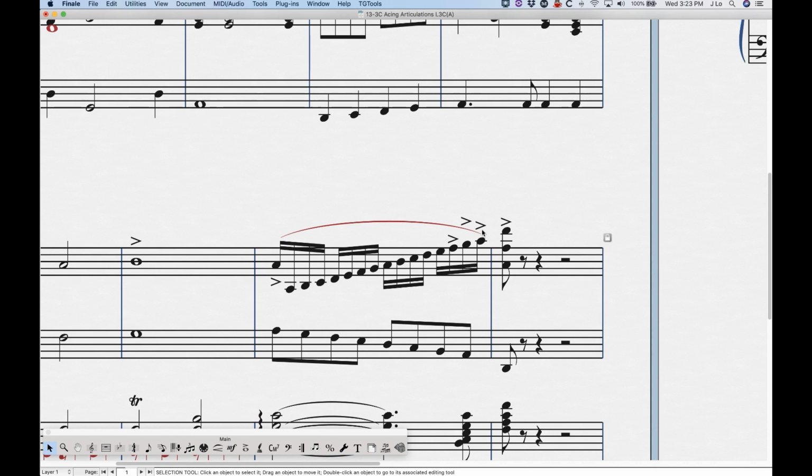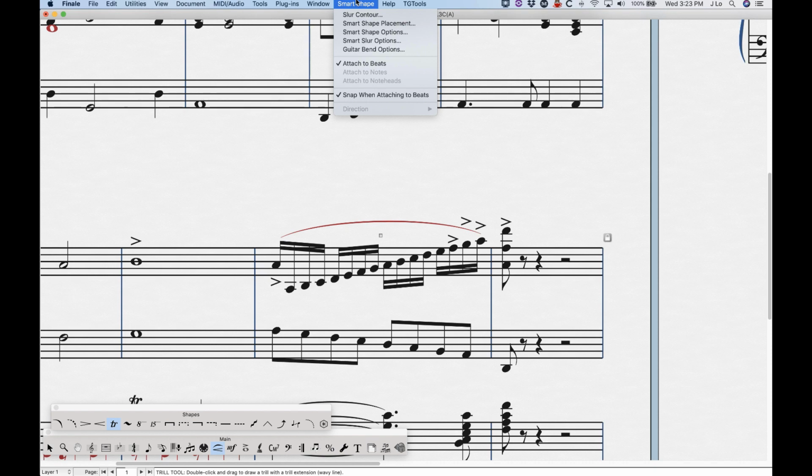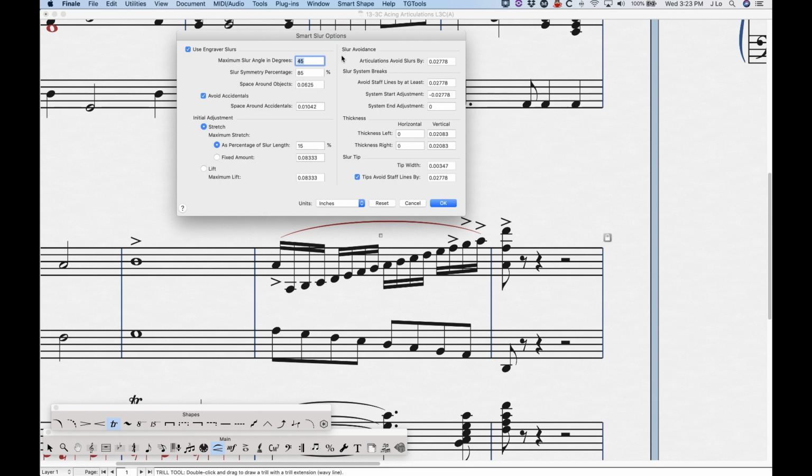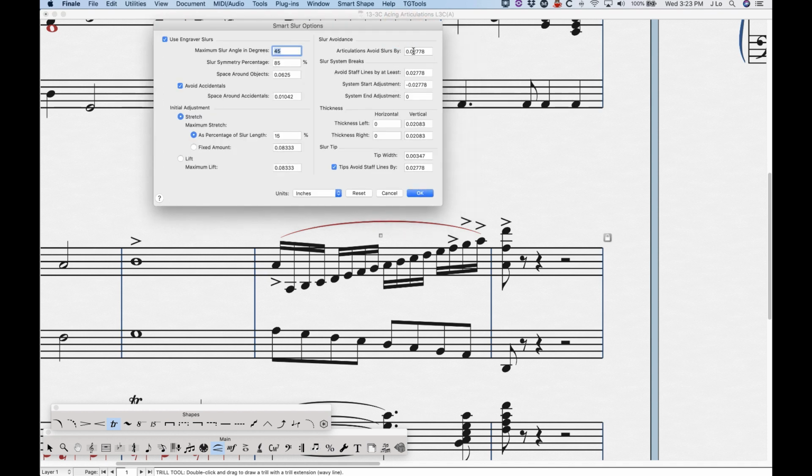There is no setting in the articulations to adjust this particular positioning, but that adjustment does exist in the Smart Shape tool, in the Smart Shape menu, Smart Slur Options. In the upper right, there is an option for slur avoidance, articulations avoided slurs by, and now there's a value here, which is going to be the minimum value that the articulation is going to get away from that slur.